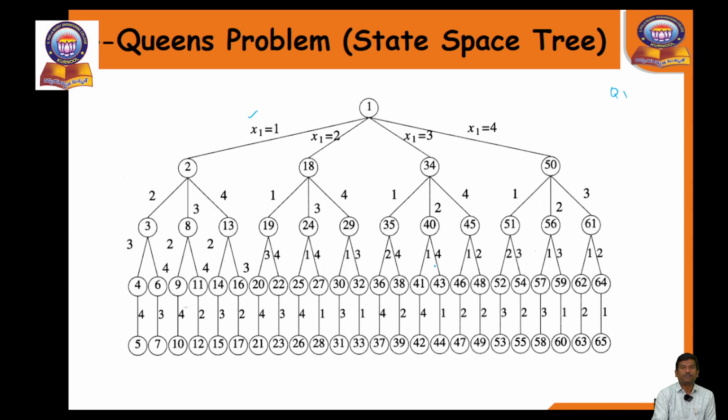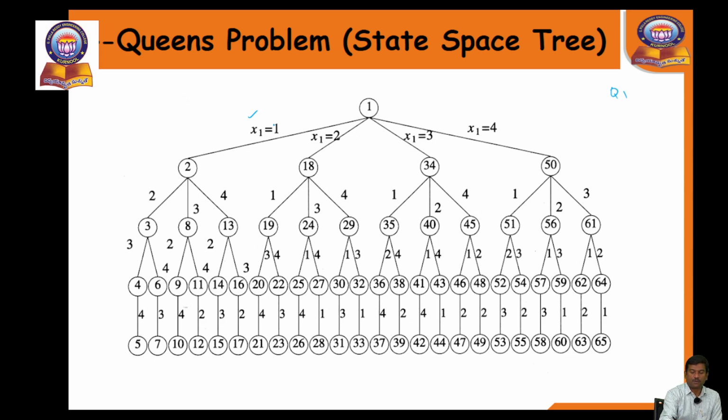So x1 is placed in your first row, first column, or you choose another path. When you take queen 1, find all possible paths which are available. This kind of tree diagram indicates the 4 queens solution space with nodes numbered in depth first search.